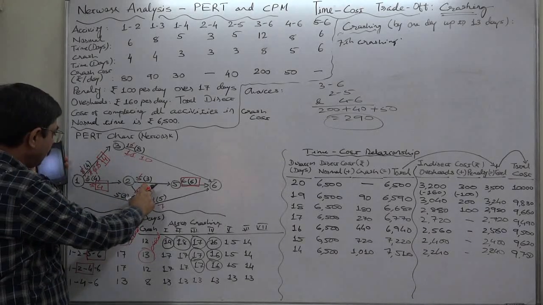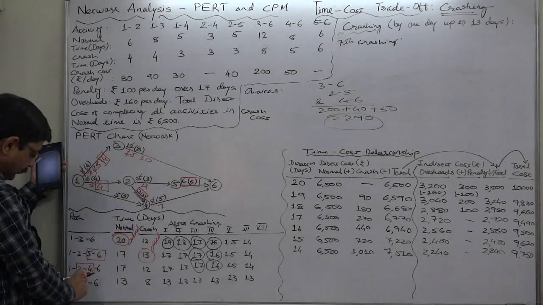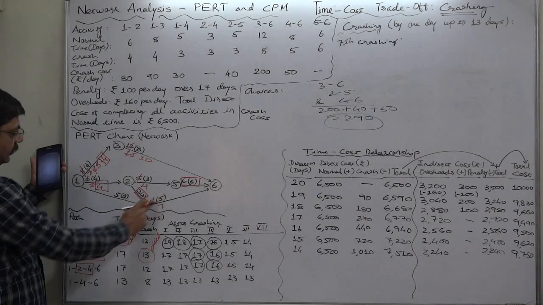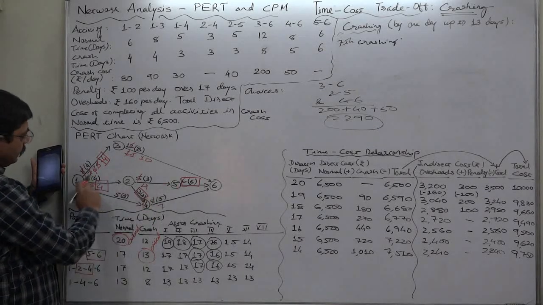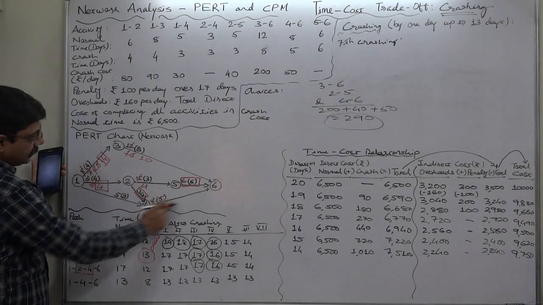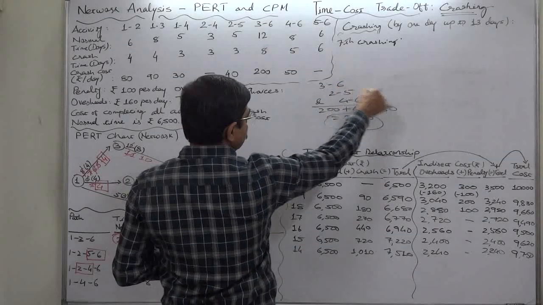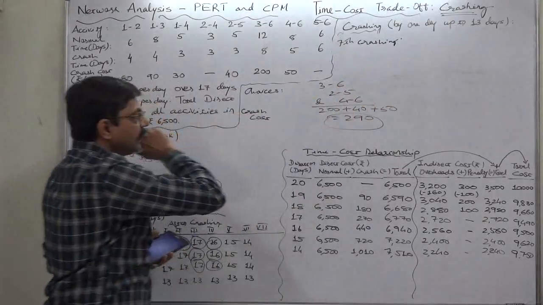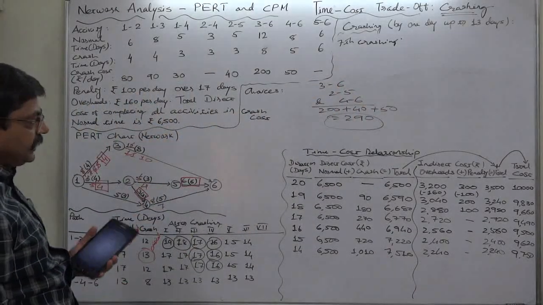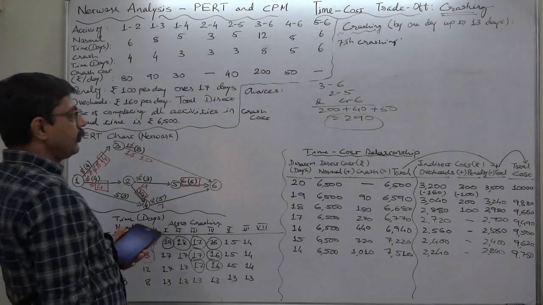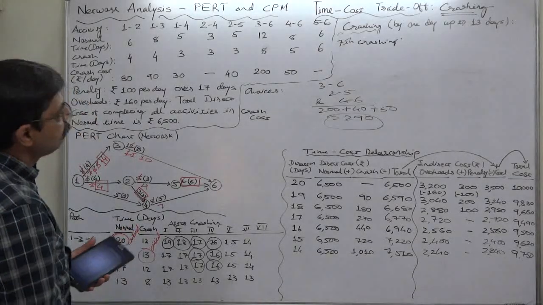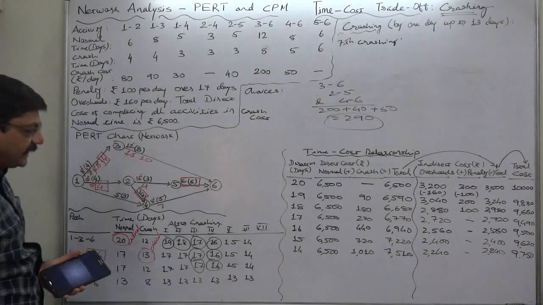So 2, 5 is available, and 4, 6 from the third critical path can be reduced. So these three are again available as our choices for crashing, and cost of crashing all these three activities by 1 day each comes to 290 again.